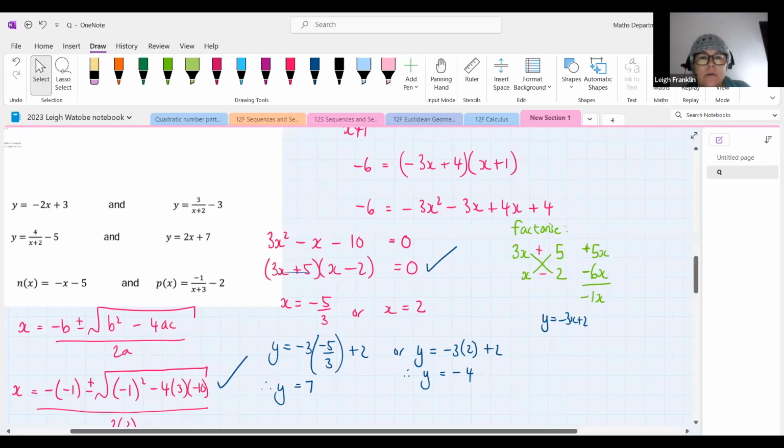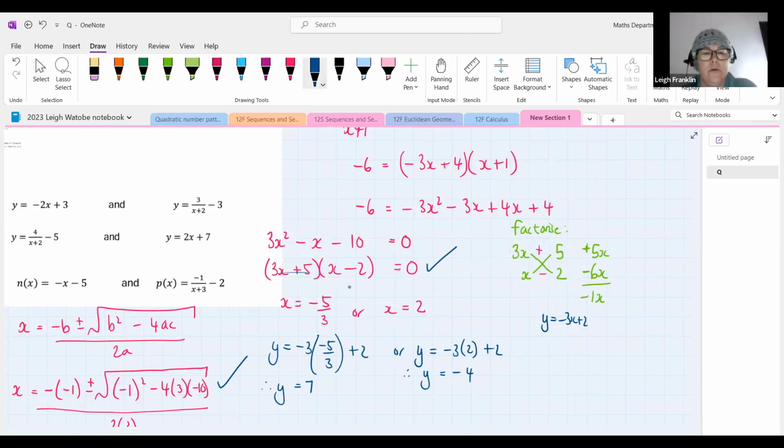In y I got 2 and the other side I got negative 4. Oh, so over here you got 2. Where I got 7, you got 2. Is that what you're saying?